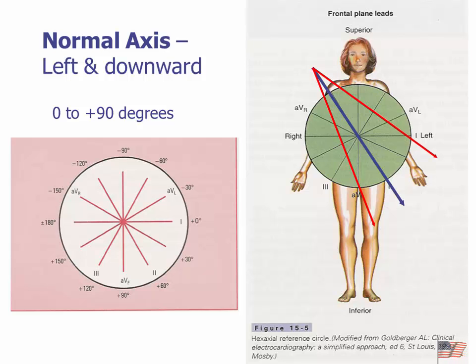Okay, we're not going to be that geeky. Under normal axis deviation, the current goes from the upper right to the lower left. So it goes right to left and it goes up and down. Fair? If that's the case, they would always have a positive deflection in leads looking in that direction, like lead 2.